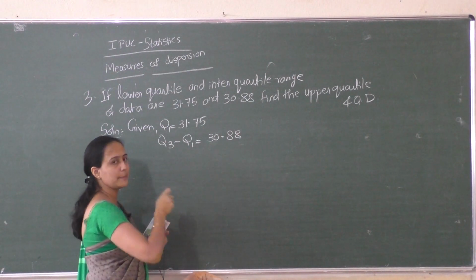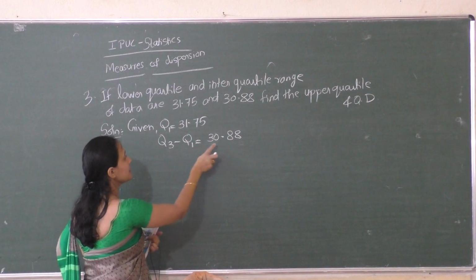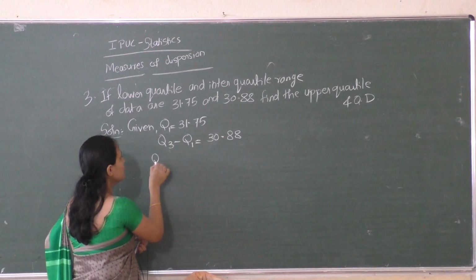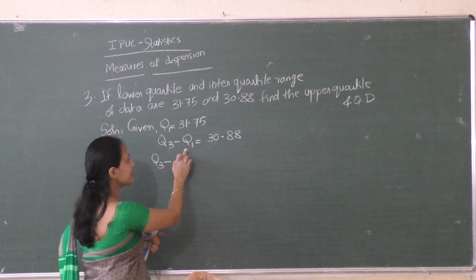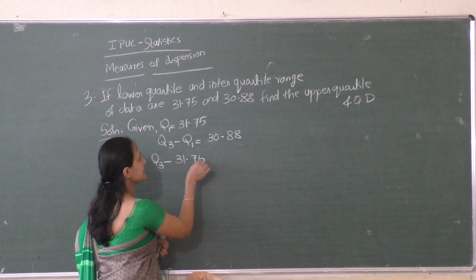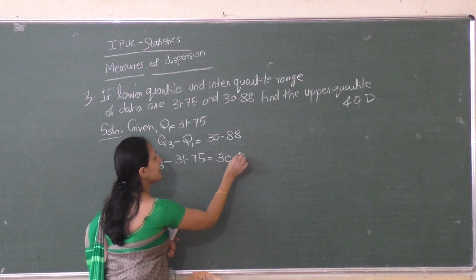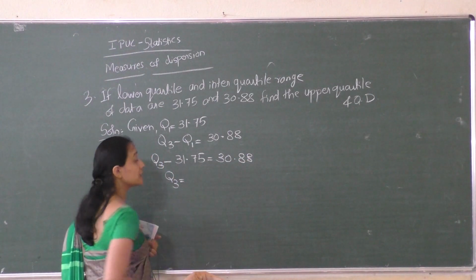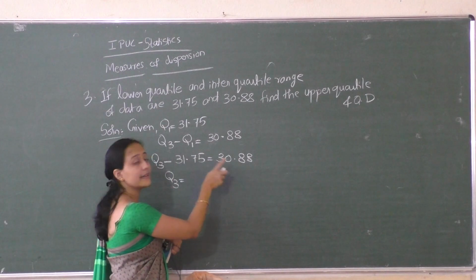So Q3 minus Q1 is this much. We have to find the upper quartile. Q3 minus Q1 is this one, Q1 is given, so substitute the value of Q1. Q3 minus 31.75 equal to 30.88. From this, what is Q3? Take this to the right side.